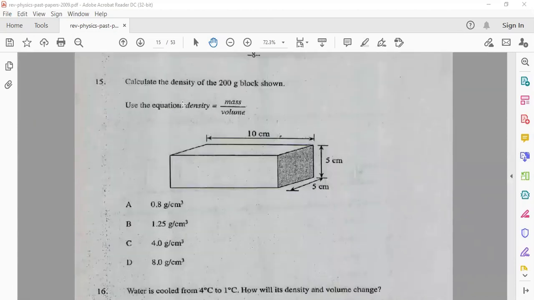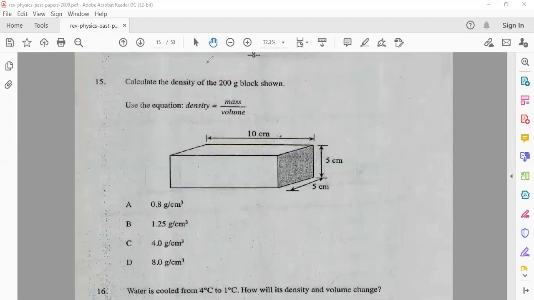Number 15, calculate the density of the 200-gram block shown. Use the equation density is equal to mass over volume. Just a warning, I know sometimes you guys get caught up in converting, especially with density equations. Do I need to convert from grams to kilograms? Do I need to convert from cubic centimeters to cubic meters? You do not. As long as the units match, you're good.